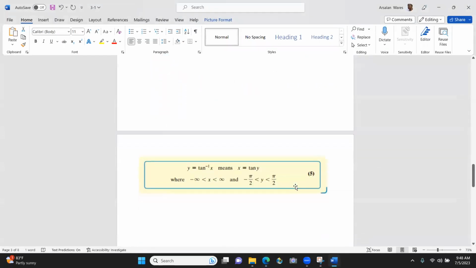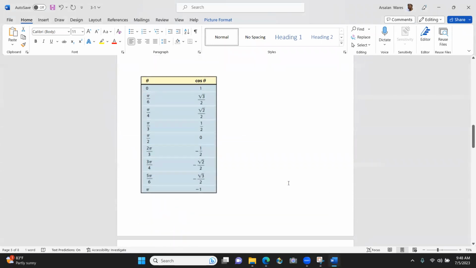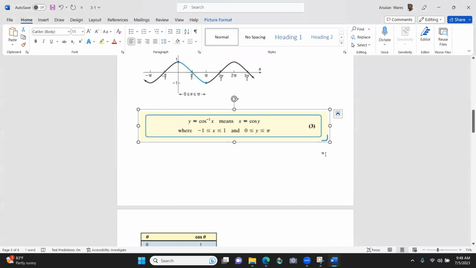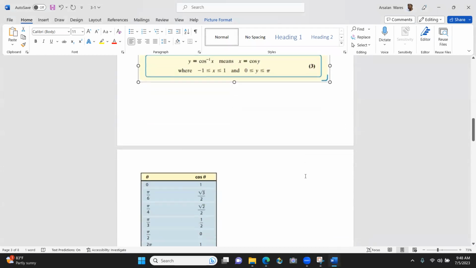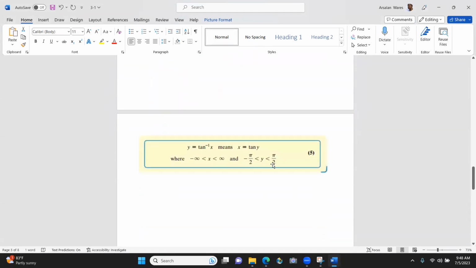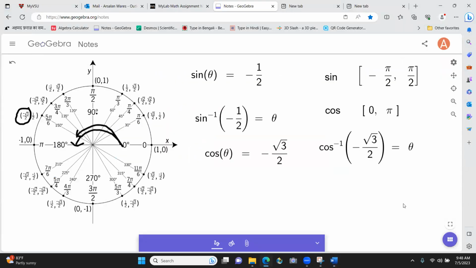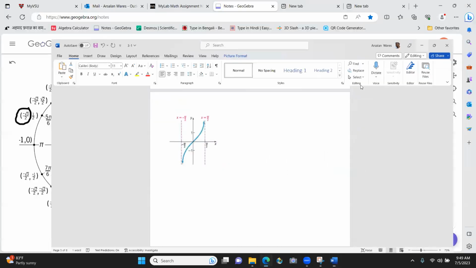In the first chapter we are only talking about sine, cosine, and tangent in the first section, and we're going to be talking about more in the next section. Cosine 0 through pi, and tangent negative pi over 2 to pi over 2, and sine is the same. Any questions, guys? All right, guys, wonderful. Let's see what kind of problems we have.